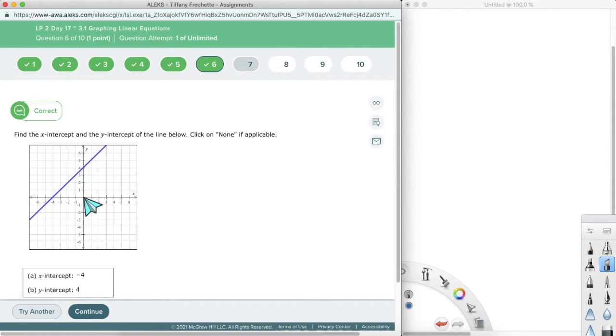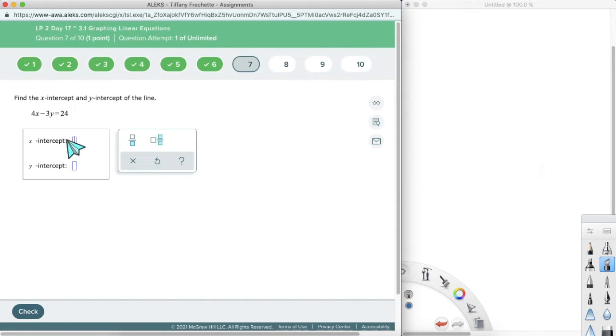For the x-intercept, I didn't leave the x-axis, so I went over to -4, but I didn't go up or down, so that means that y is 0. It's a little bit opposite. When you think of it this way, doing it in an equation, if I want the x-intercept, I'm going to make y 0. If I want the y-intercept, I'm going to make x 0. And I solve both of those.